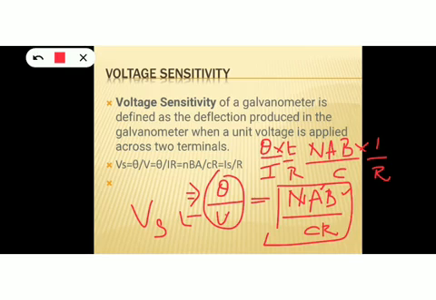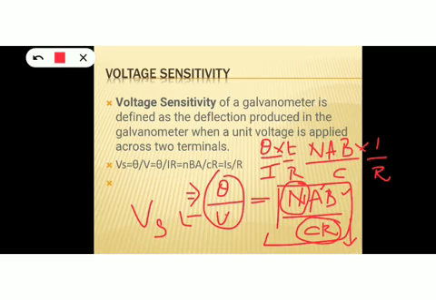At the same time, by decreasing the couple per unit twist and the resistance, we can increase it, because C and R are in the denominator. But when we increase the number of turns, it is not necessary that the voltage sensitivity also increases.